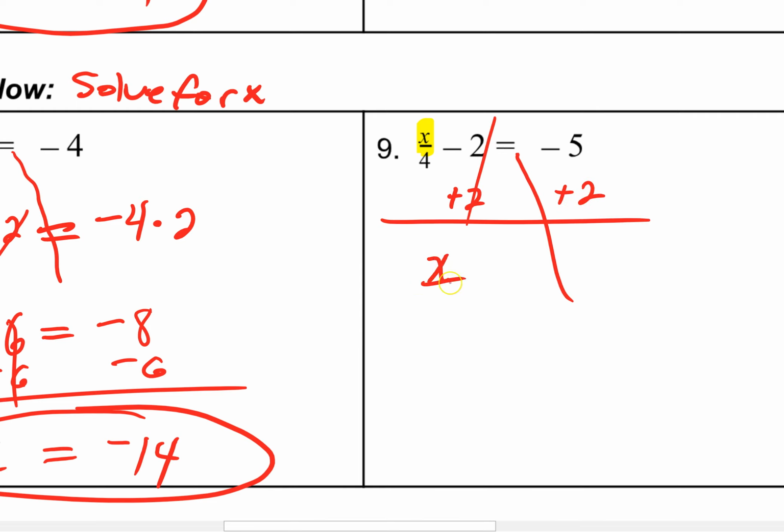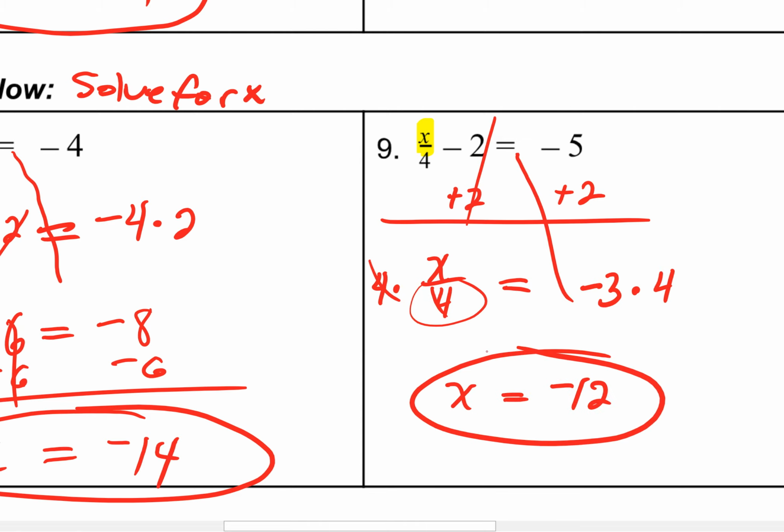We'll have x divided by 4. And negative 5 plus 2, you can check real quickly, is negative 3. Well, now we want to undo this division of 4. The opposite of dividing by 4 is multiplying by 4. And negative 3 times 4 is actually a negative 12.